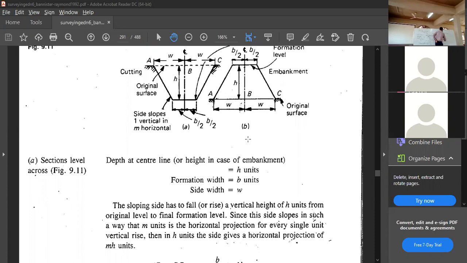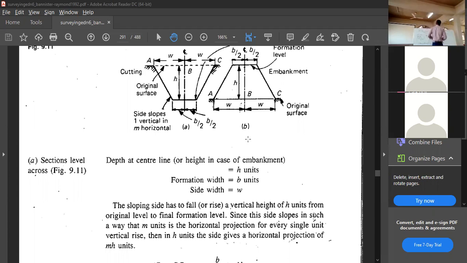So now you understand why, when we take the center of this, it is formation with side. Then we write the formula second.